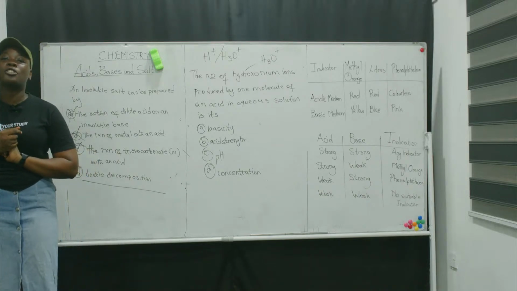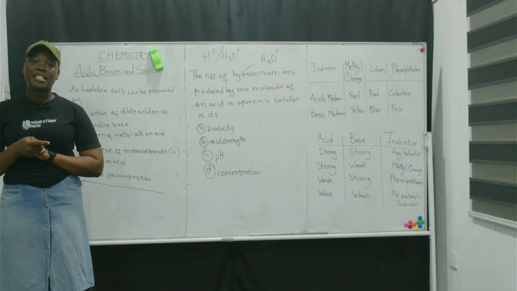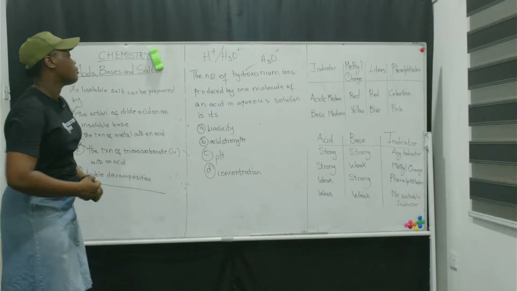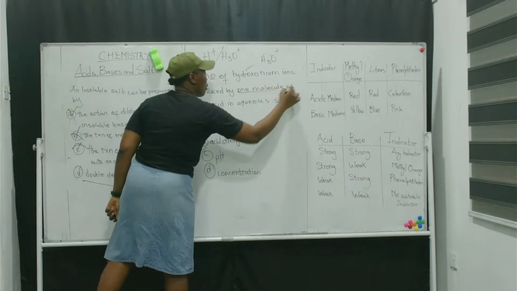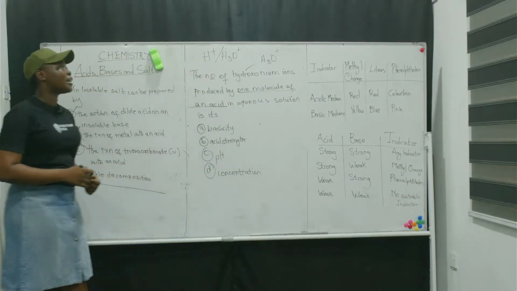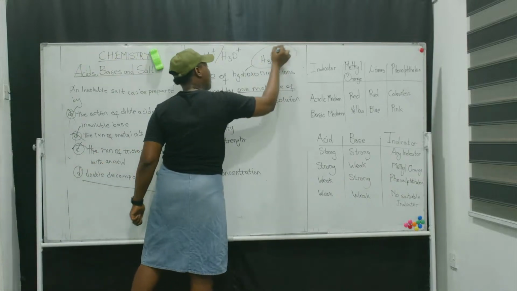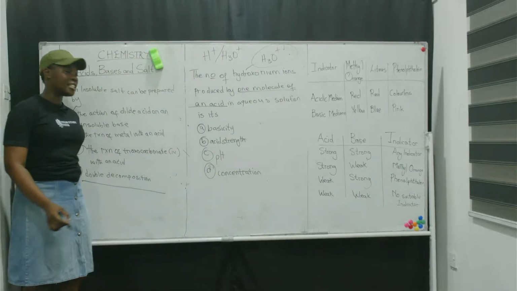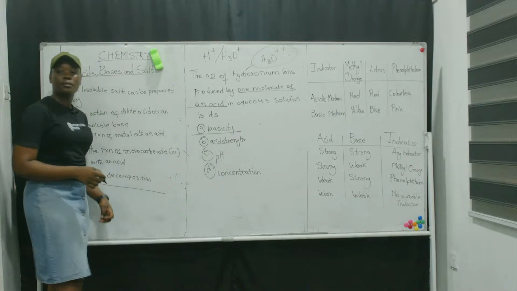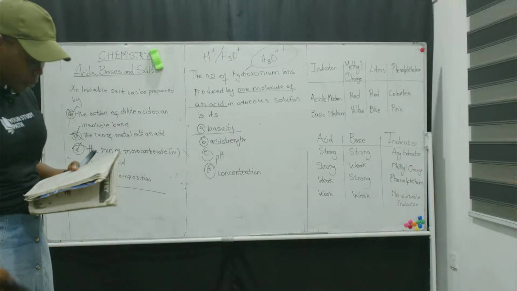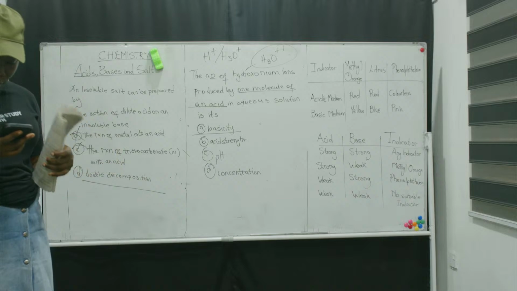In this class, I made mention of the basicity of an acid, and I said it's the number of replaceable hydrogen ions in one molecule of an acid. You can use hydrogen ion and hydronium interchangeably. And so the answer is basicity. Are we good?